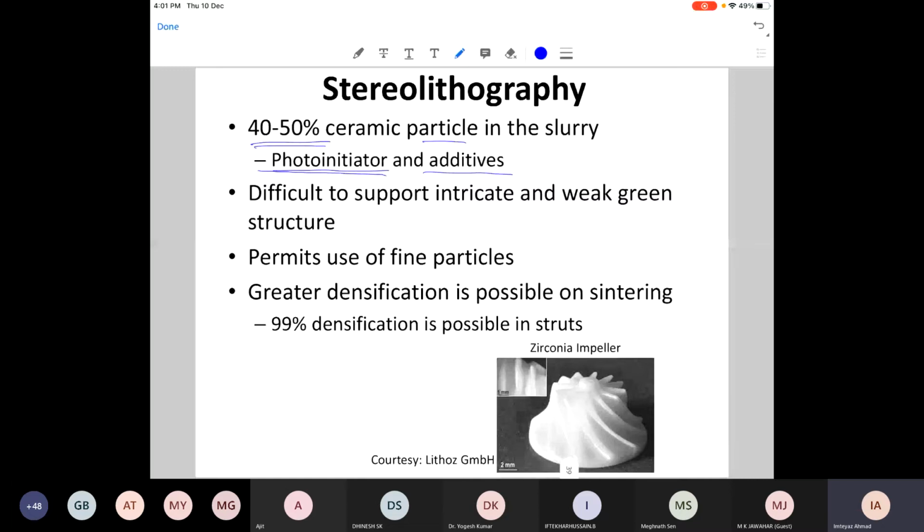There are other disadvantages of the smaller particles that we will talk about. But with small particles, if you are building elemental structures like studs, which are not very thick, you can actually go up to 99% densification by lithography and sintering. For that you have to use fine particles.